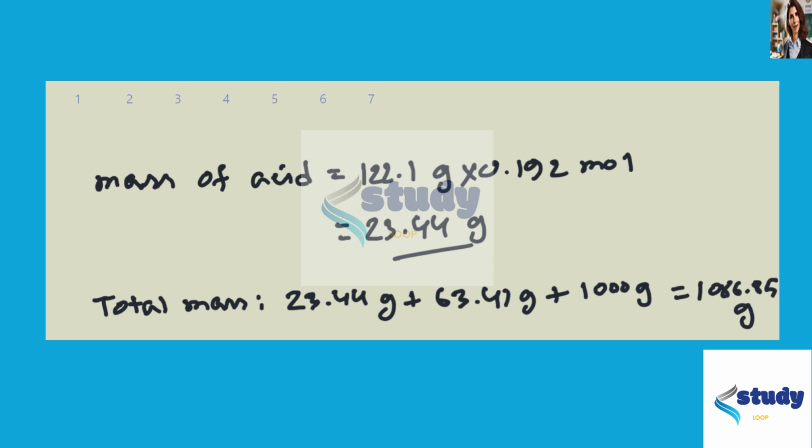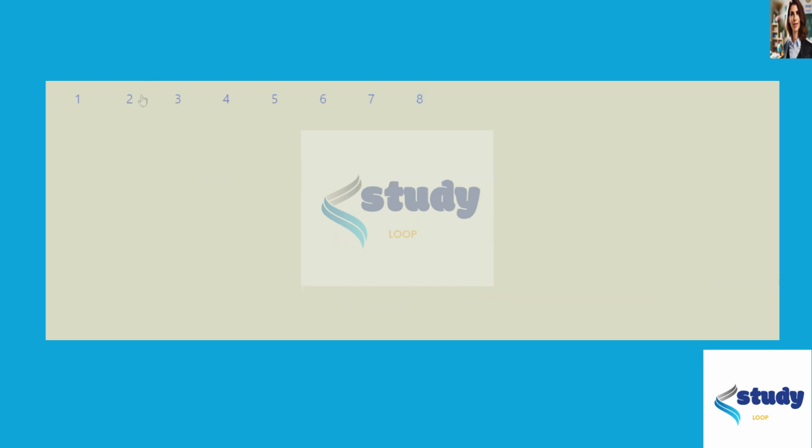Now we have to calculate the volume of the solution. We are given that the density of the solution is 1.01 gram per ml, and as you know, the density is equal to mass by volume. That means the volume of the solution is mass by density.